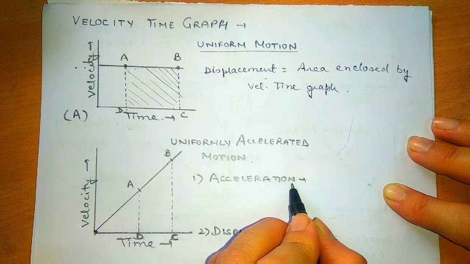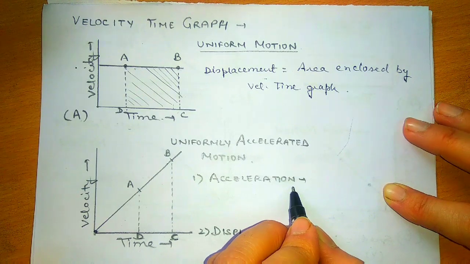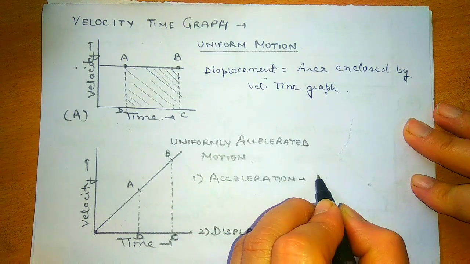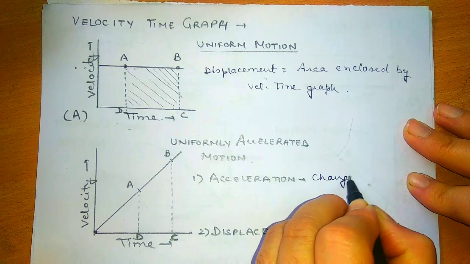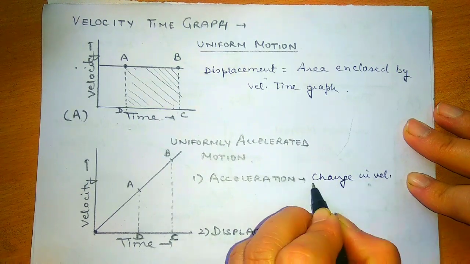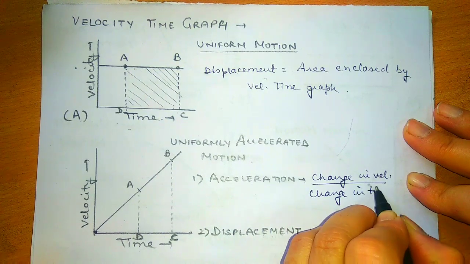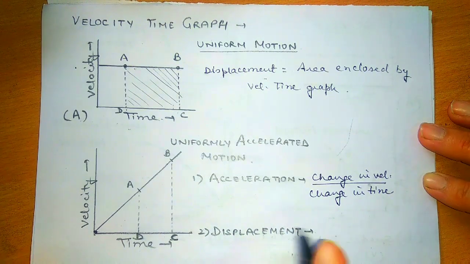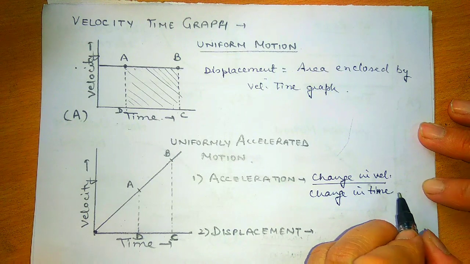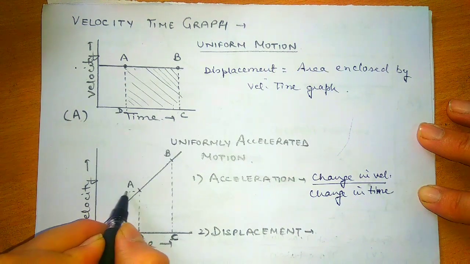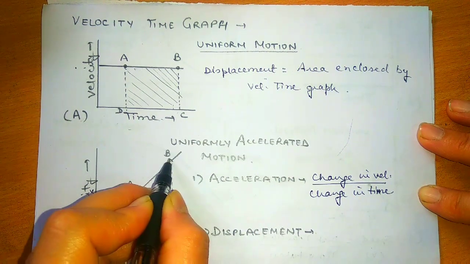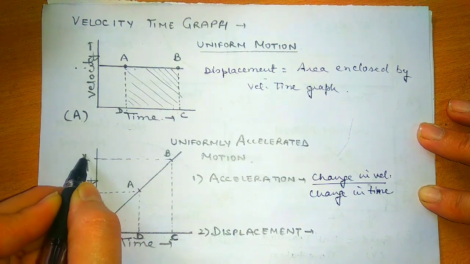One is acceleration, and we know the formula of acceleration as change in velocity divided by change in time. So here, say this is the velocity v1, and this is the velocity v2.